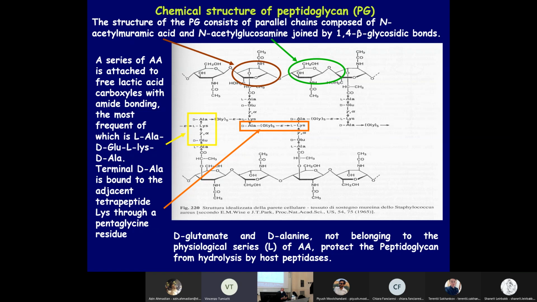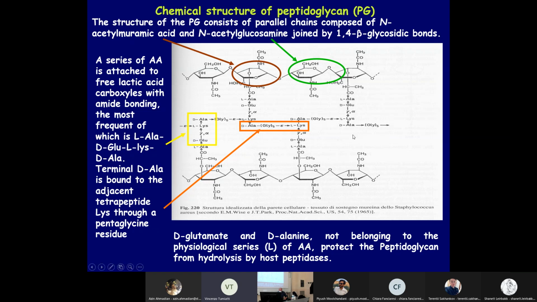Why? Because in this case, the peptidoglycan cannot be attacked by our enzymes. Our enzymes are not able to destroy, to digest this type of chains.